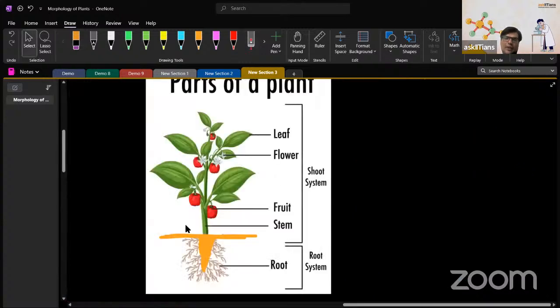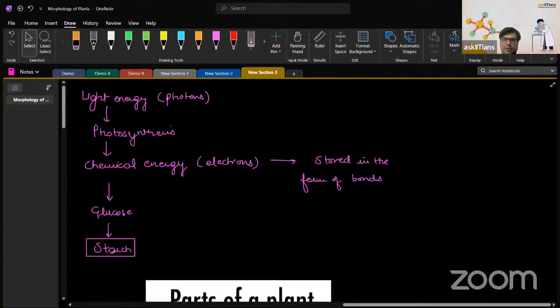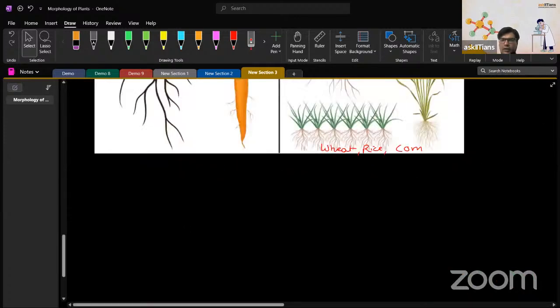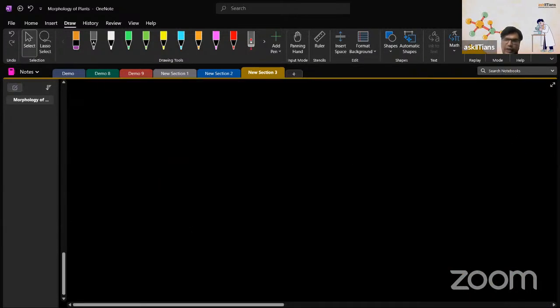So we have covered the different root systems. We have covered the regions. Now let's see the modifications of roots, because again we are doing the morphology.